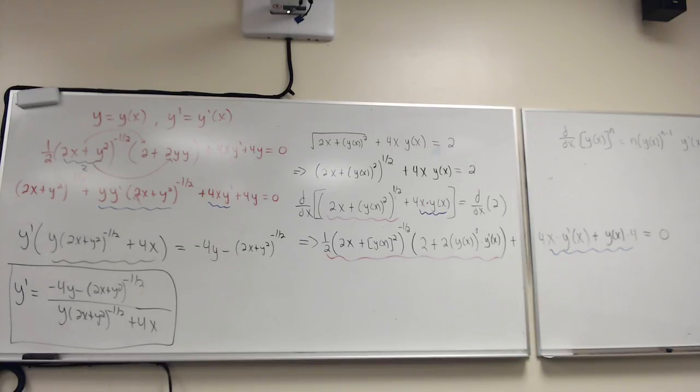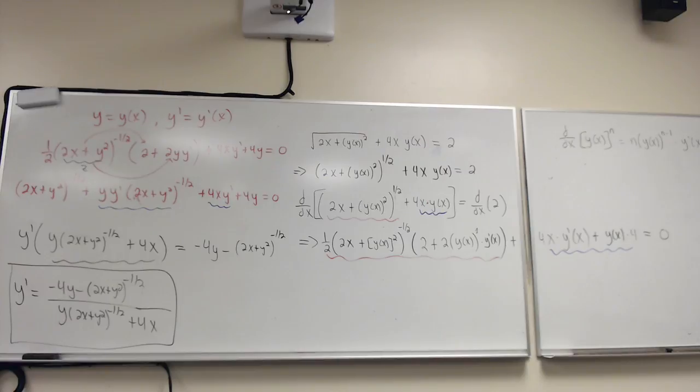Since that's to the negative 1/2, can it go down in the denominator? It could if this was a multiplication right here, but since it's subtraction, the only thing you could do is maybe this could be rewritten as 1 over this, and this could also be rewritten as y divided by this. And then you'd have to multiply top and bottom to clear fractions. So yeah, you could simplify it, but I'm not going to go through it here.